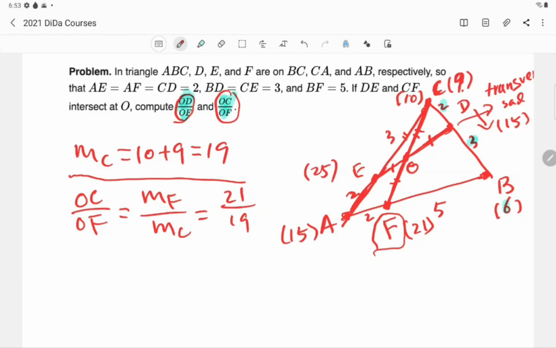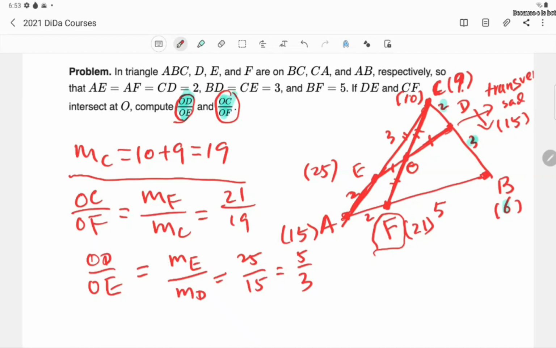As a result, OD over OE is just the inverse ratio of the masses, ME over MD, which is 25 over 15. That's 5 over 3.